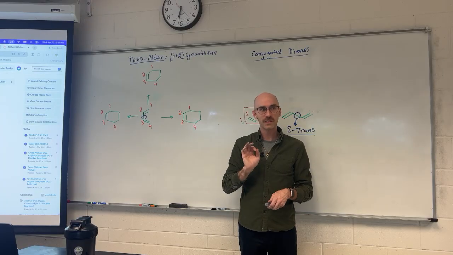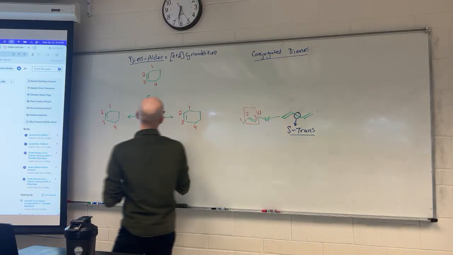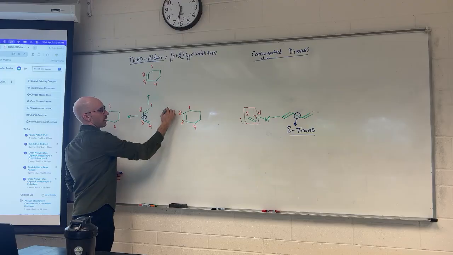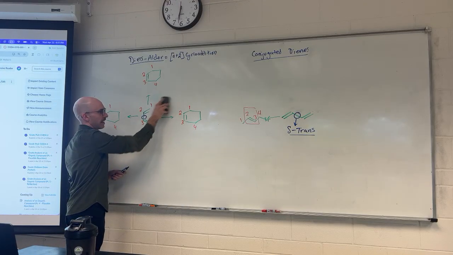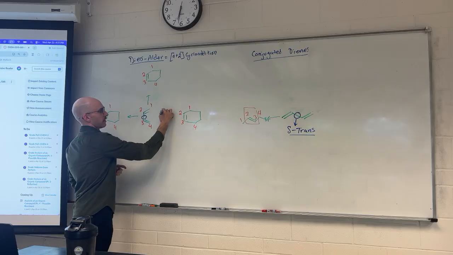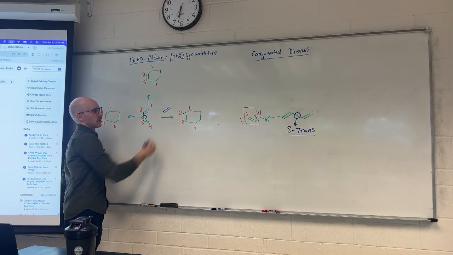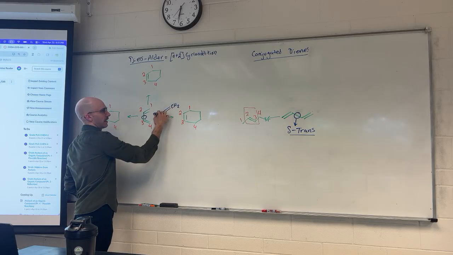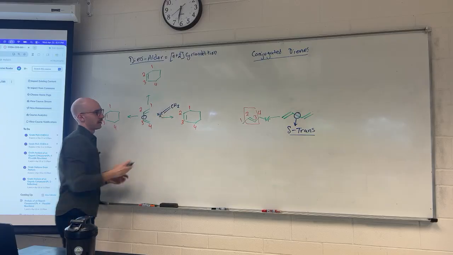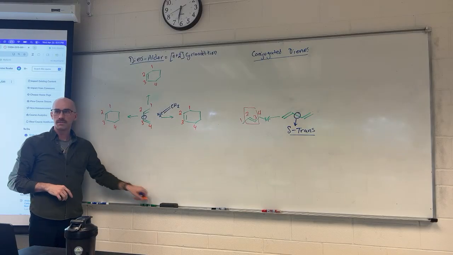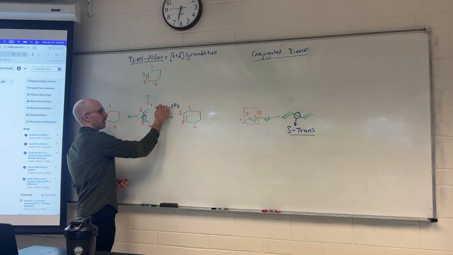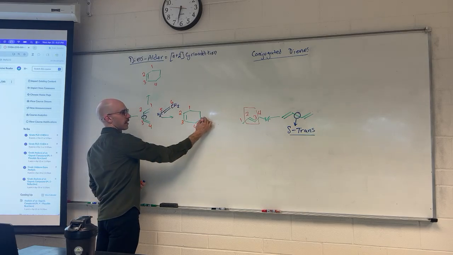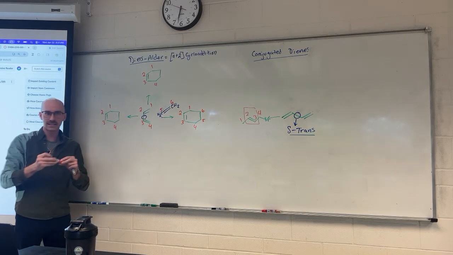And the simplest dienophile is ethylene. It can look a little weird to draw ethylene that way, so you can draw it horizontally, or you can even add in the CH2s that are on there. And ethylene makes up carbons 5 and 6 of our cyclohexene ring.